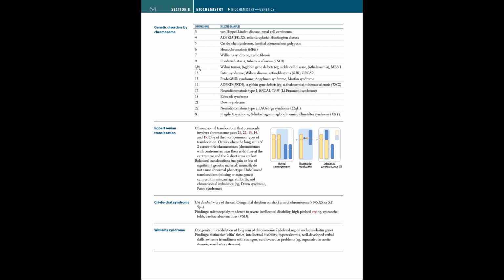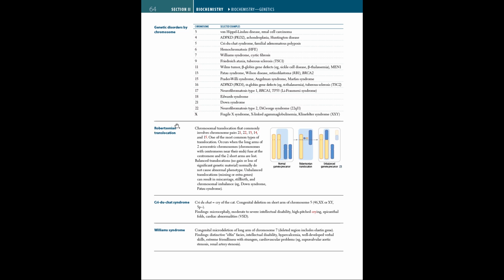So all of these are very important for us to remember, but the most common ones that might come for your exam is Down syndrome, so trisomy 21, 18 for Edwards syndrome, X for Fragile X and X-linked agammaglobulinemia, 13 for Patau syndrome, Wilson disease, and retinoblastoma, and 15 for Prader-Willi syndrome, and Angelman syndrome, as well as Marfan syndrome. Again, all of these are very important, but focus on these, and yeah.